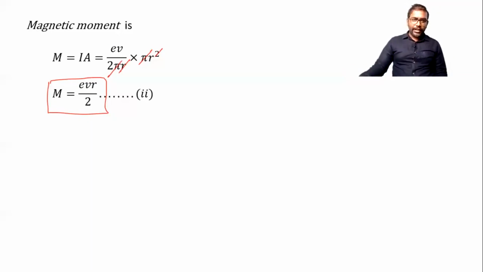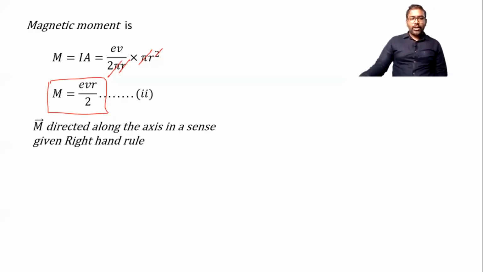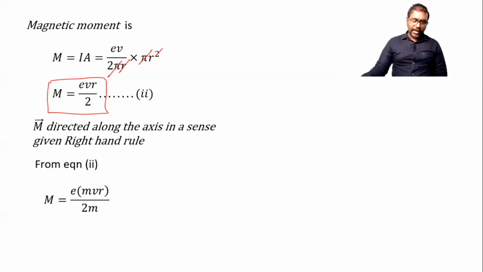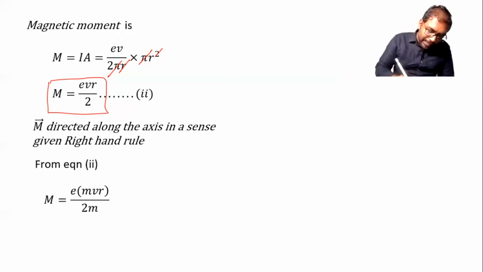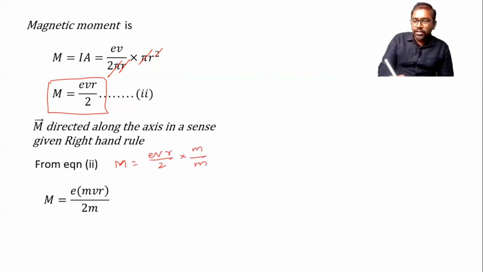Now let me modify this. This dipole moment is directed along the axis in the sense given by the right hand rule. Now from equation number 2, I can rearrange the term. You can see here evr by 2. I can multiply it by m and divide by m, where m is the mass of the electron.